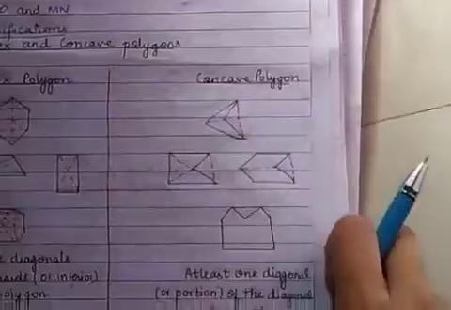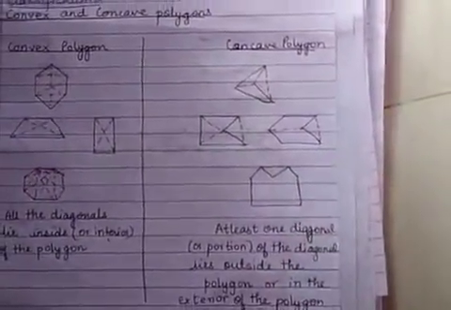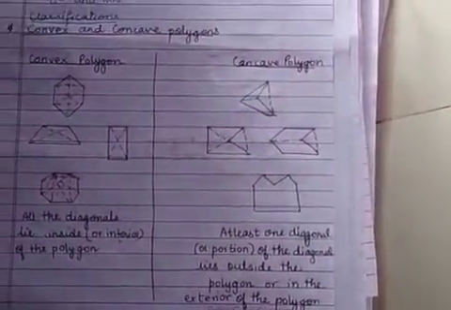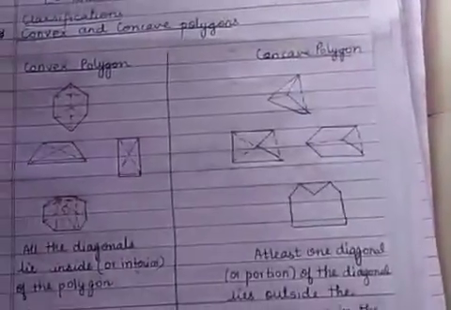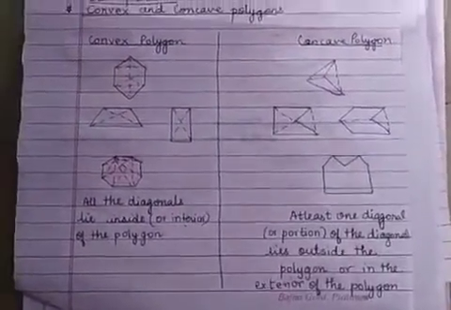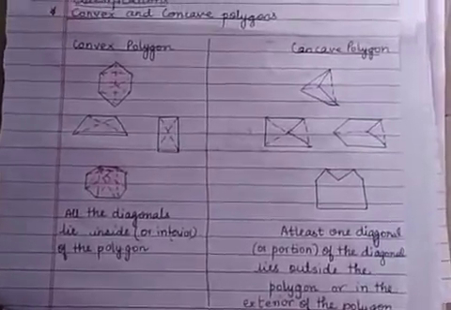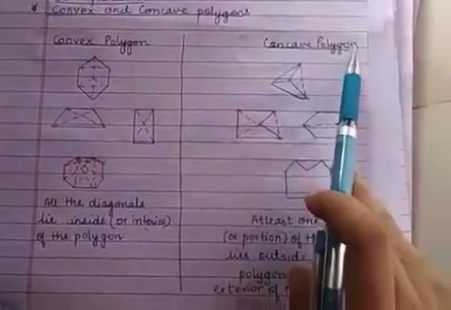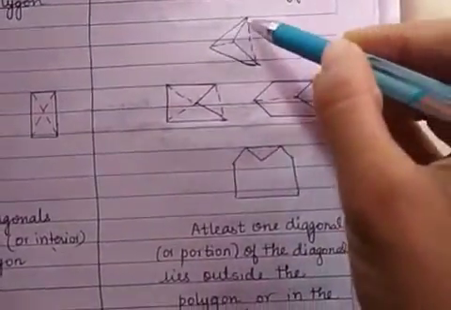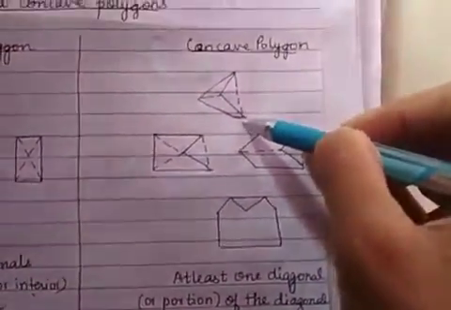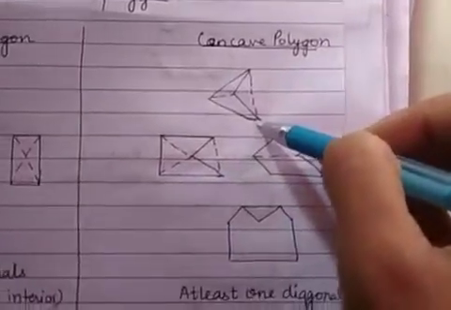Now what is a concave polygon? If at least one of the diagonals, or a portion or part of the diagonal, lies in the exterior or outside the polygon, then it is called a concave polygon. If you look at all the figures here, there are other diagonals, but you can see this one lies outside the polygon.